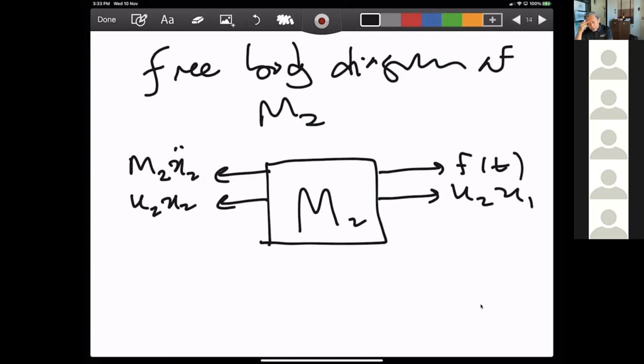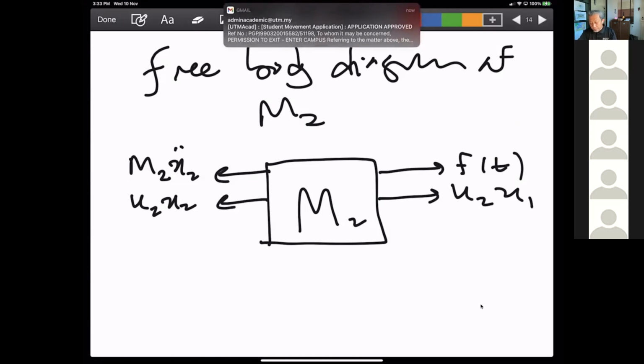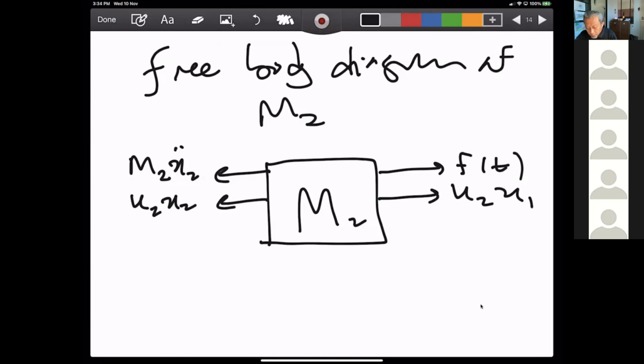Then FV2, the friction. FV2 is over here: friction times x2 dot.